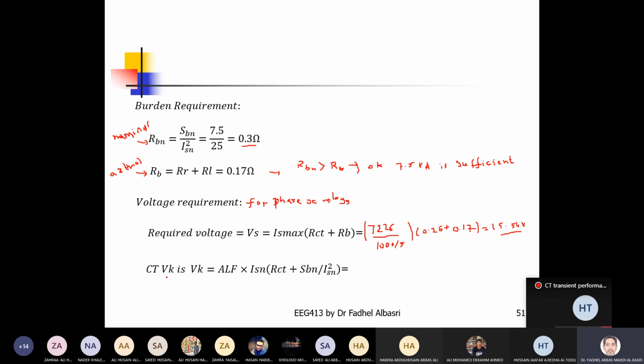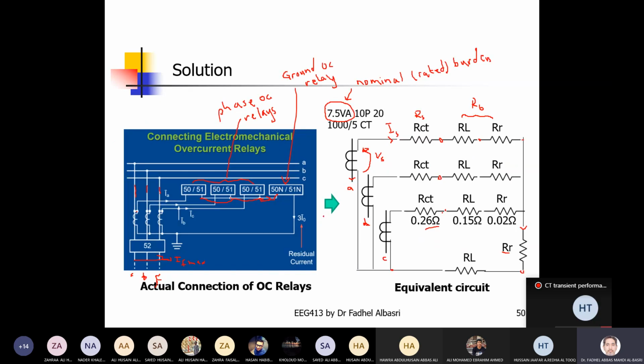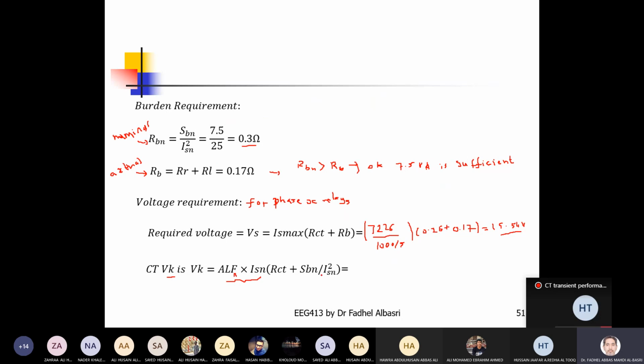The CT voltage class, VK, is the nominal accuracy limit factor specified by the CT, times the rated secondary current, which gives me the maximum current at the secondary side according to the CT: 20 times rated secondary current, which is 5, times RCT plus R burden nominal.